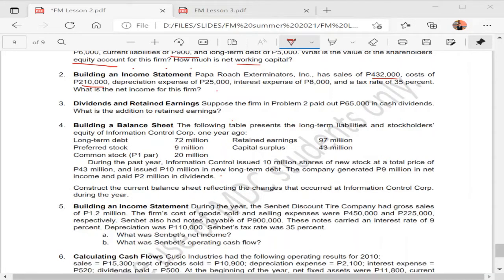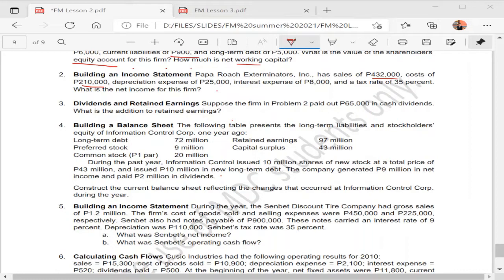Next question. How much is our retained earnings? You can write RE. Remember, what are items that will affect the retained earnings? The very common transactions are the net income and the dividends.